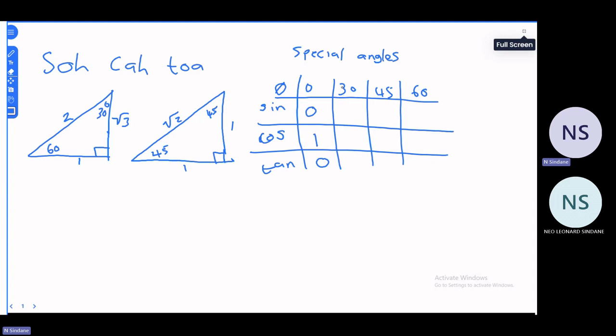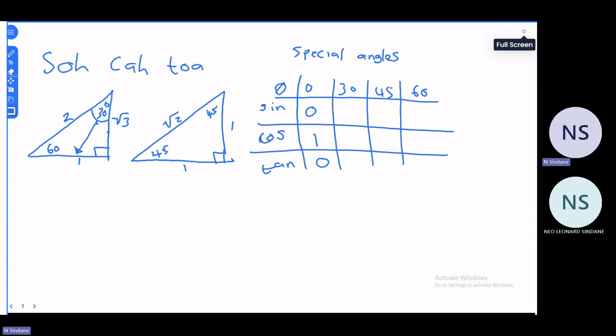Then when I say sine 30, I look at this. This is the angle that I'm looking for, my reference angle. If that is my reference angle, this is my opposite side, this will be my adjacent, and that is my hypotenuse.